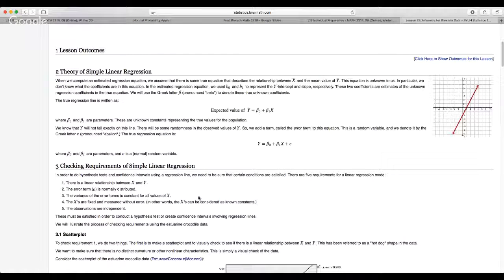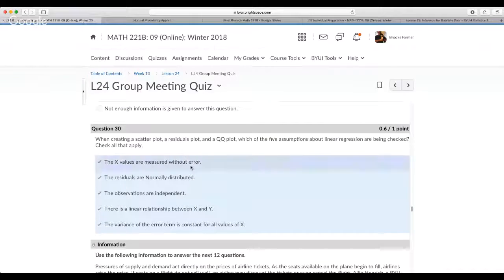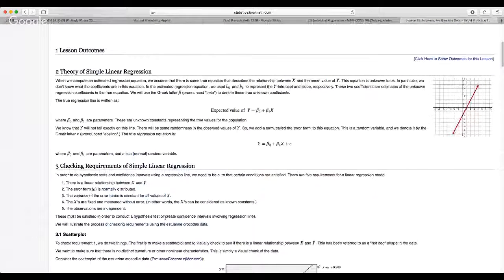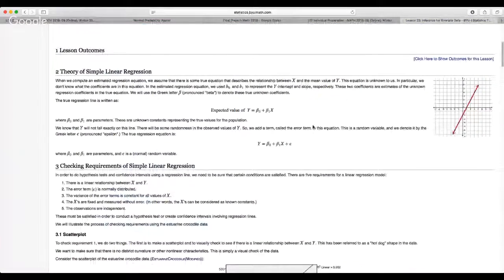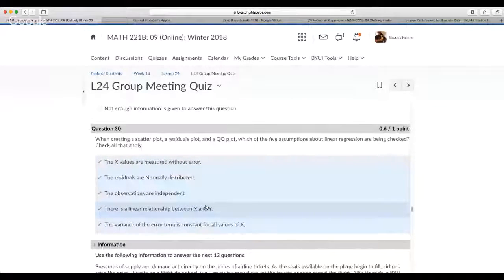Well, it says here there are 5 requirements. Error term. See, this is why I was sure it was all of them, because I think residual is a throw-off question. Yeah, I think so too. Variance of the error term is constant. That is actually correct. Okay. Linear relationship. That's obvious.